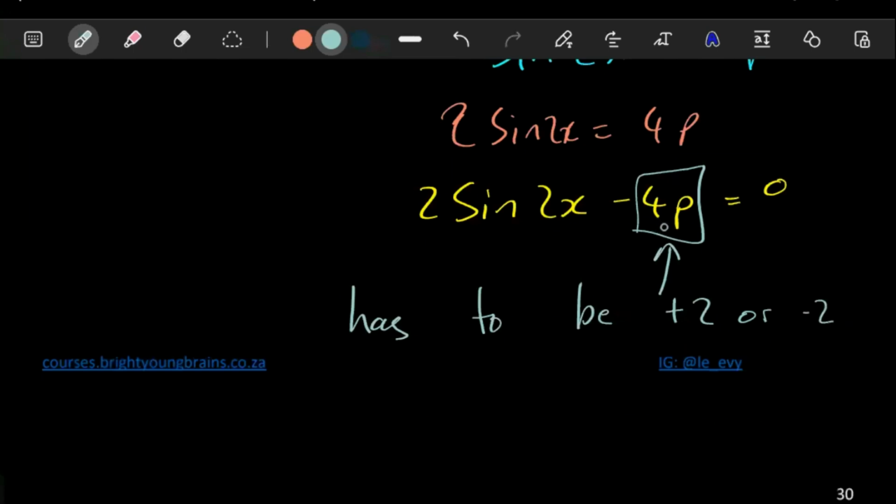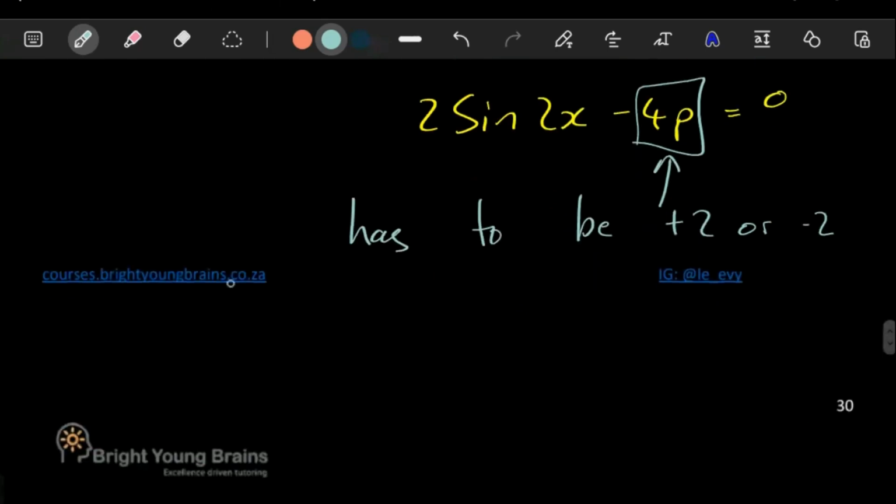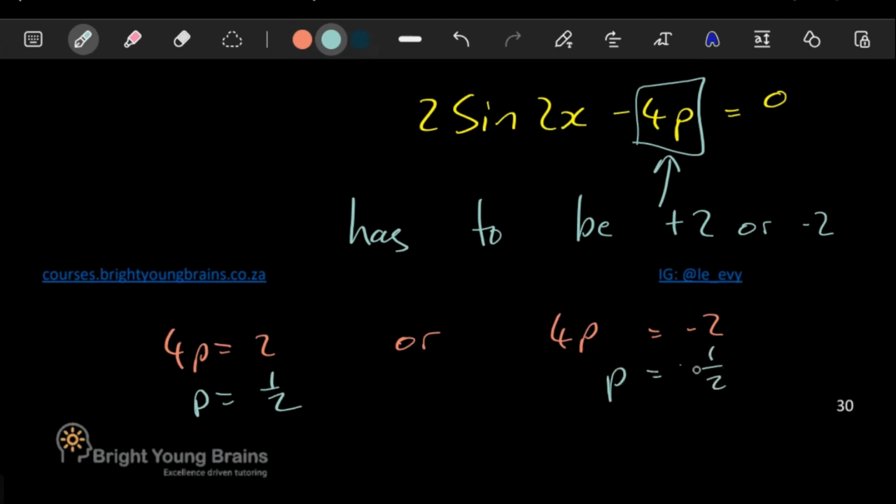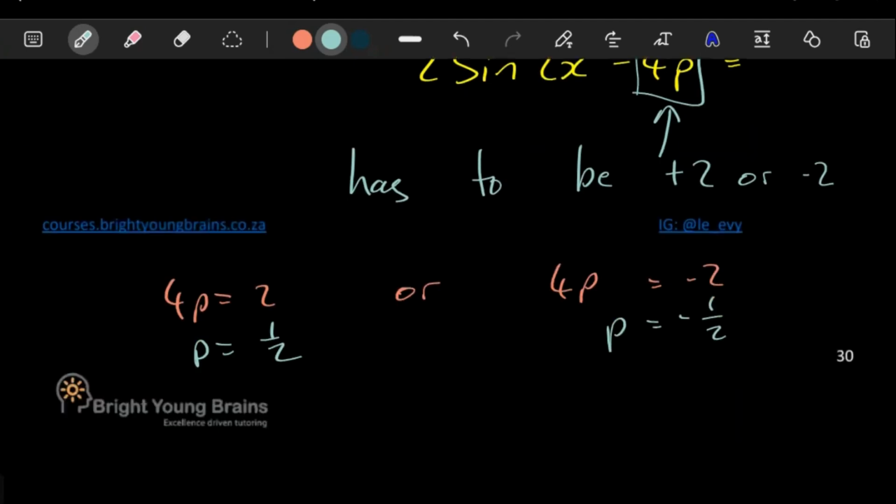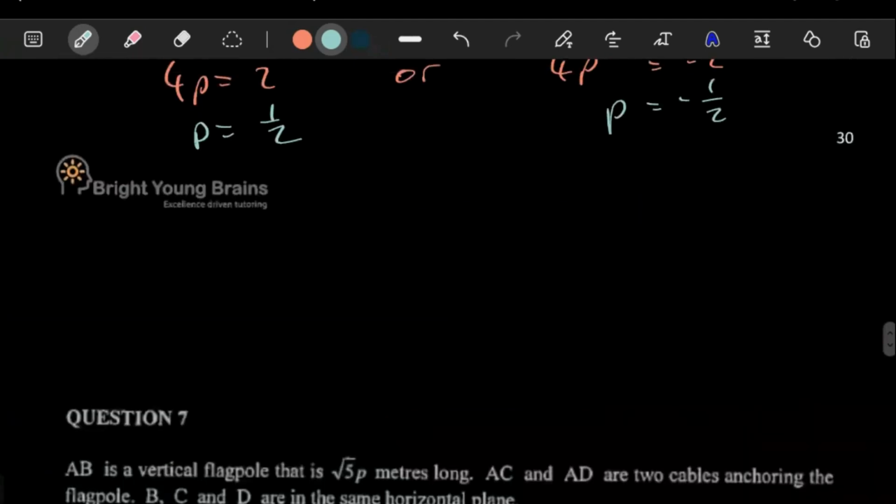Because if you move the graph 2 units upwards or downwards 2 units, your graph will only have 2 roots. So 4p has to be equal to 2, or 4p has to be equal to minus 2. Divide both sides by 4, p is a half, or p is a negative half. There we go. Let's move on to question number 7.